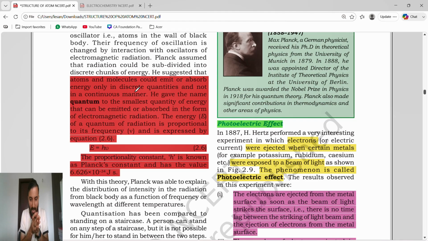Means, if atoms and molecules are absorbing or releasing energy, they will do so in discrete quantity, which means not continuous.